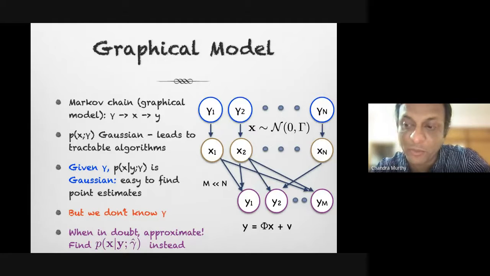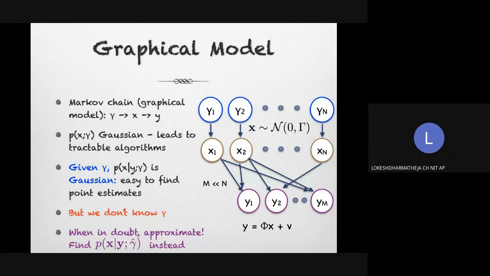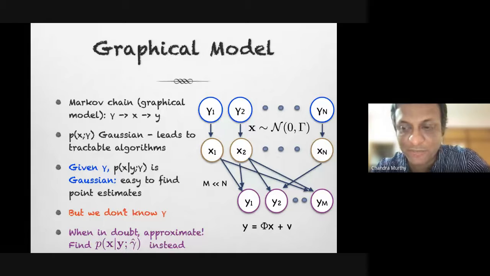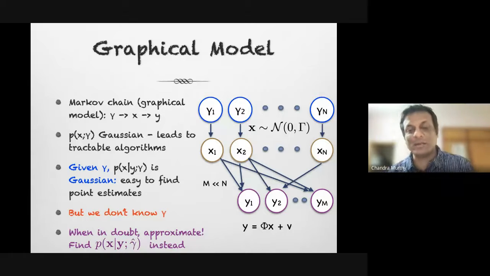And in fact, the power of SBL really comes out when you start looking at measurement matrices that are not well conditioned. That is, when the columns of phi become a bit correlated, or it does not satisfy the restricted isometry property, because in many practical applications, the matrix phi is not choosable. You cannot choose it to be some random numbers. It's what nature gives you many times.